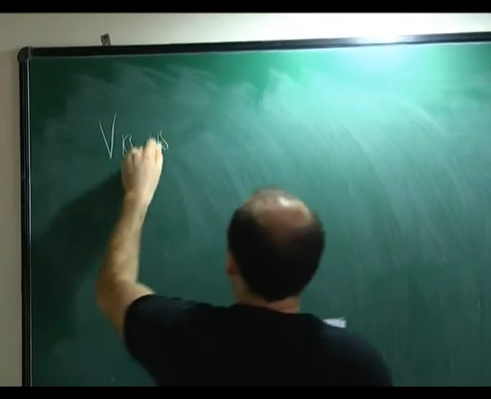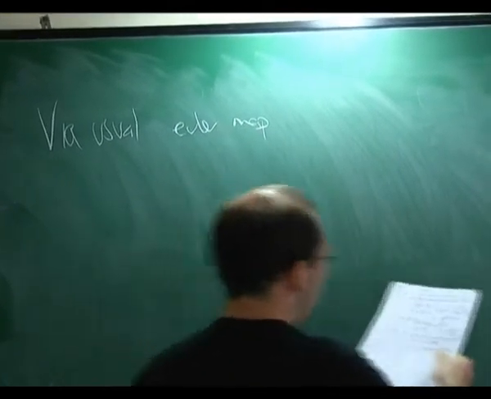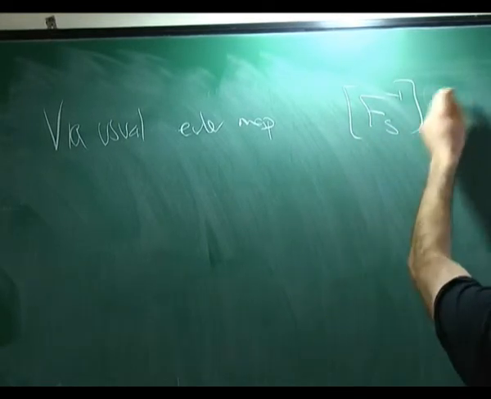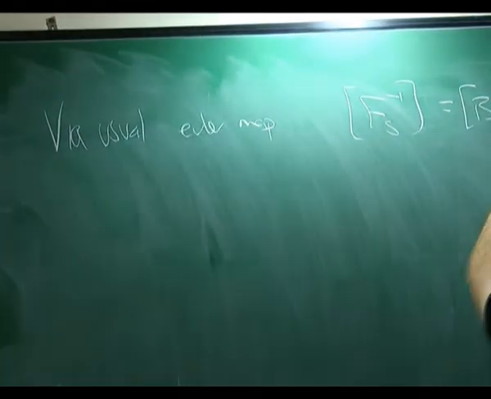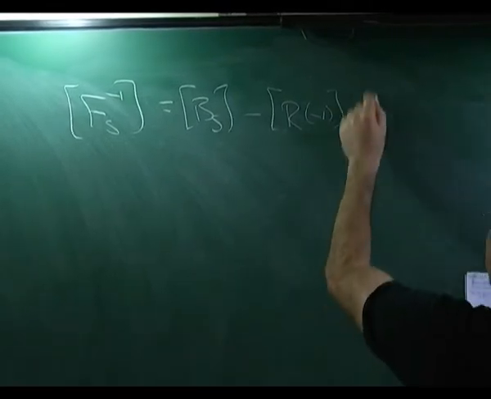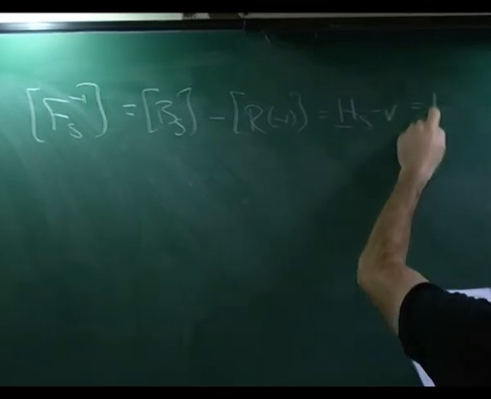So on the Grothendieck group, what are these, right? You can talk about the Grothendieck group of complexes by taking the alternating sum of the objects. So via the usual Euler characteristic map, where you take a complex to an alternating sum, the image of Fs inverse is BS minus R shifted up, which is HS minus v, which, if you remember the computations, is actually just HS.